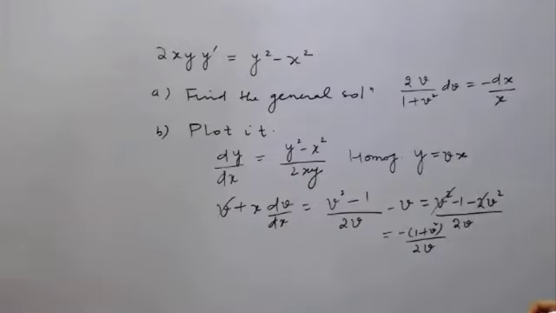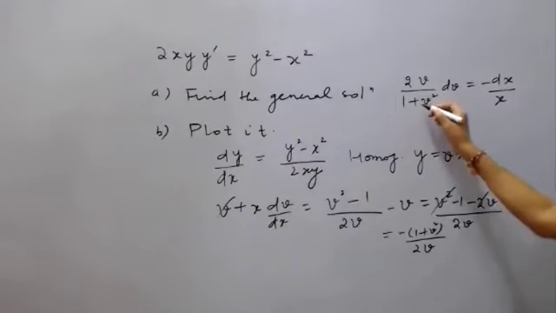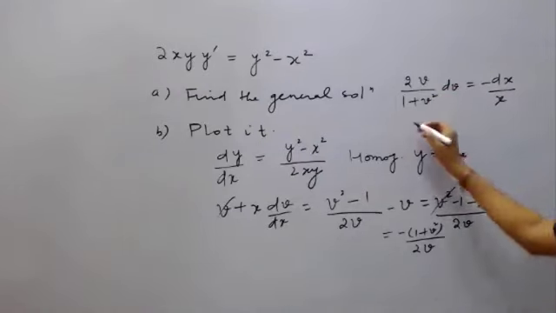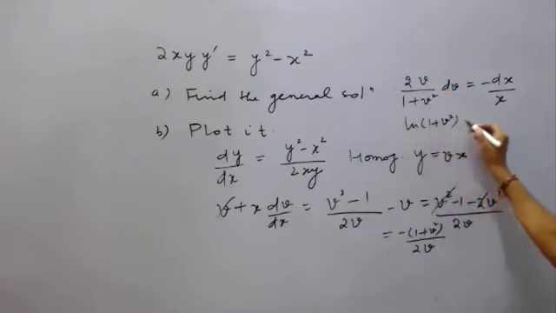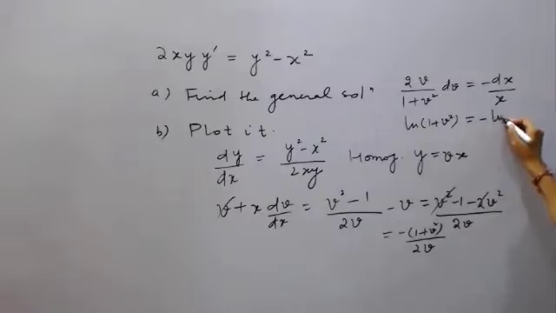And to solve this, this will be t, so dt will be formed. So this will become log of 1 plus v square is equal to minus ln of x minus ln of c, I can write.